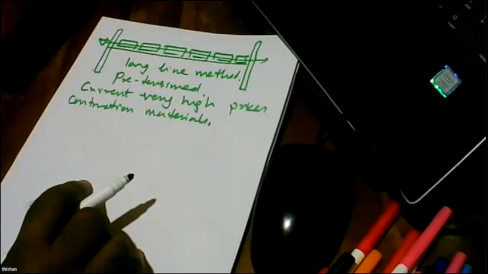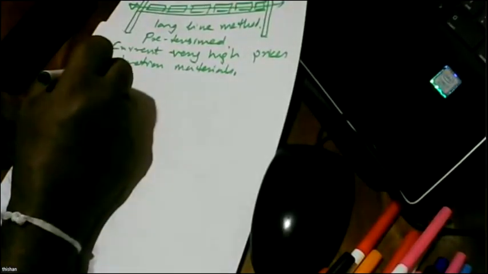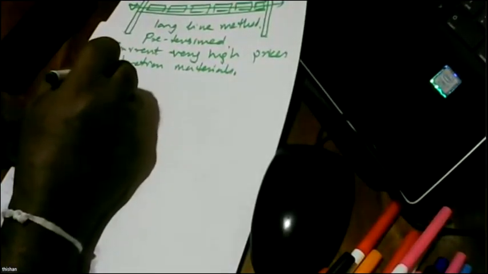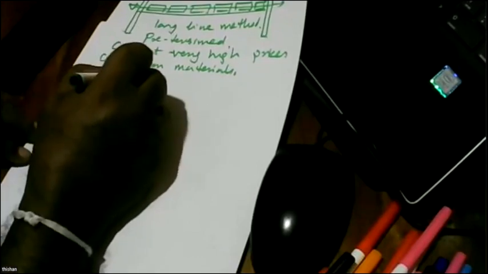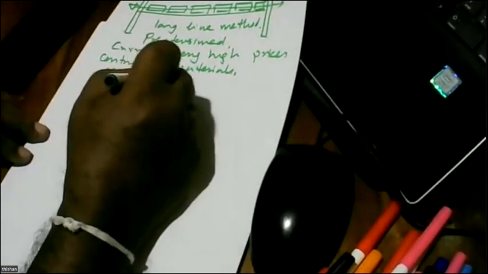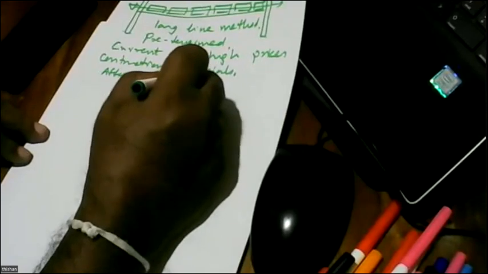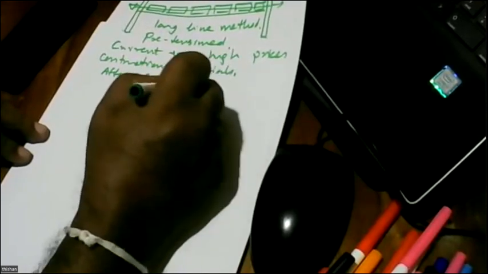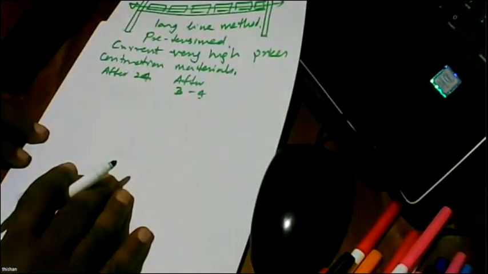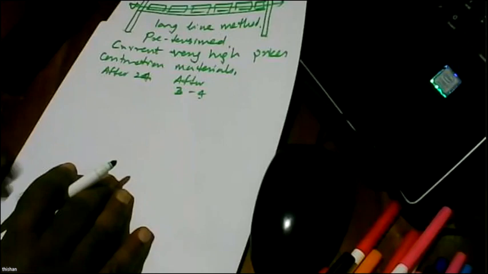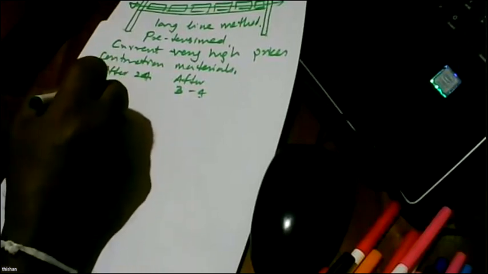But again, in the long line method, we have to be a little careful when we write the specification. Let's say you write a specification which says after 1 day, after 24 hours. Sometimes you might specify after 3 days or 4 days. So don't write a specification unless you are sure that whatever strength specified can be obtained.